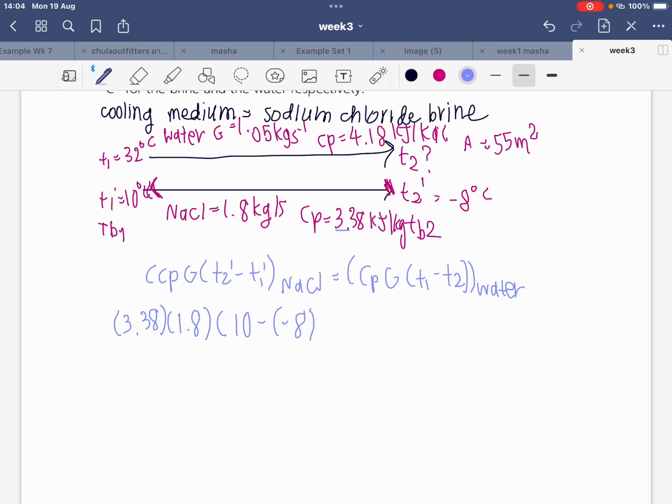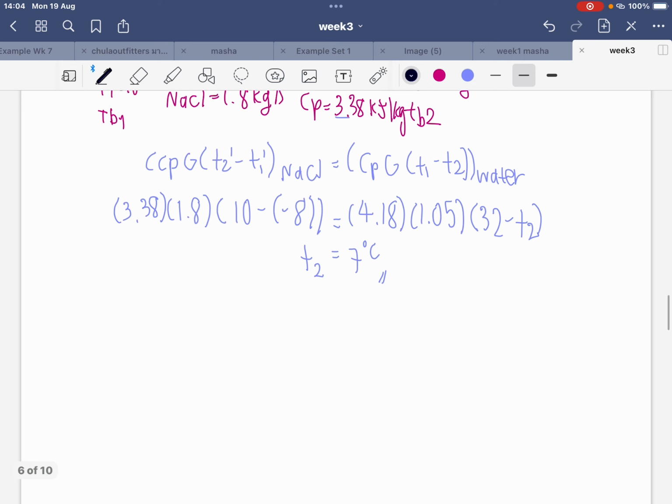temperature is 4.18, 0.05 over 2, and T2 is 7 degrees Celsius. Let's change the color.